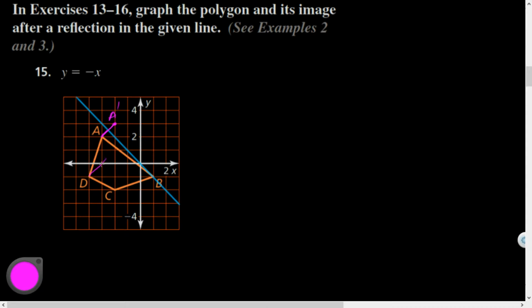D appears to be 1 and 1/2 diagonals, so 1 and a half, and then 2 for the D prime. C was 2 diagonals, so 2 diagonals this way would be C prime. And B was on the line, so B prime and B are one and the same. It got mapped onto itself there.